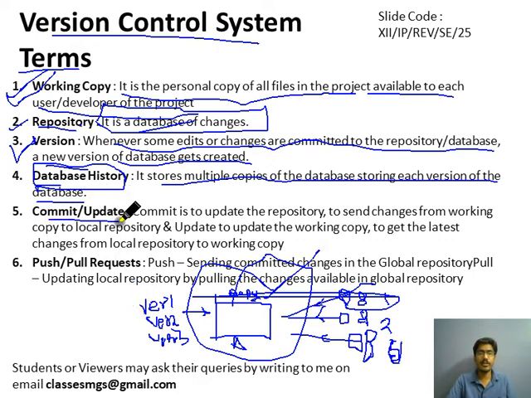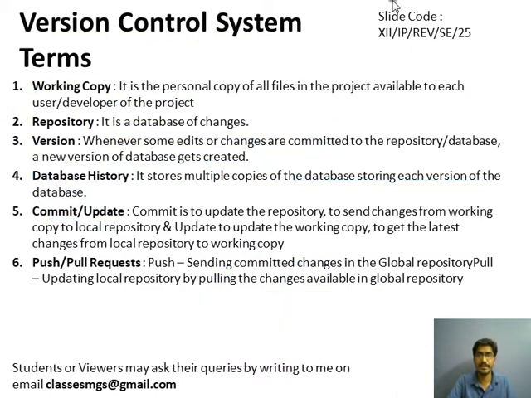Next is commit or update. What is commit? If developer A is making some changes in a particular repository or in his file, then this is known as the commit. I will explain commit like this.